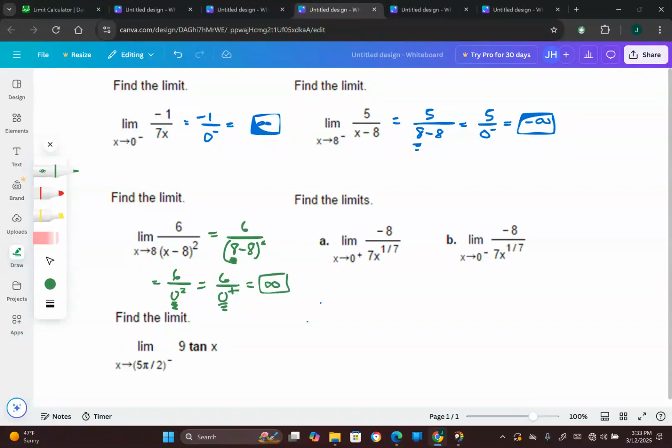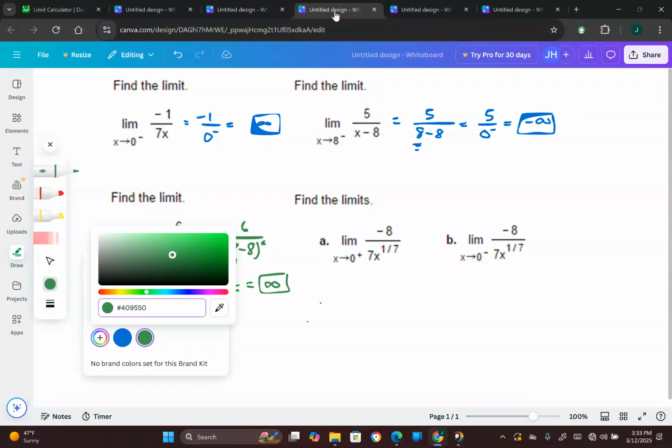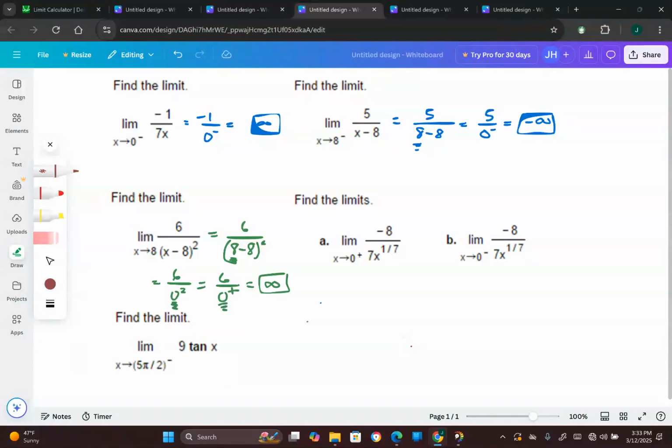Now with radicals, we got to be careful when we're doing positives and negatives. We're not really going to worry about it here because we're approaching 0 from the positive side, and we have an odd root. This would be negative 8 over 7 times the seventh root of 0 is 0. But those are positive numbers approaching 0.